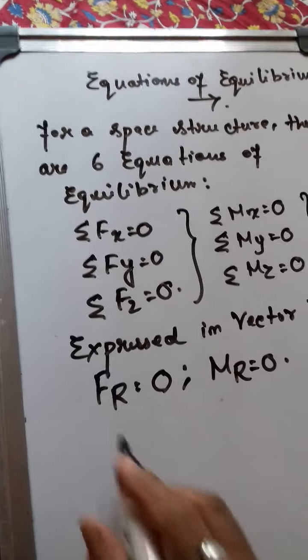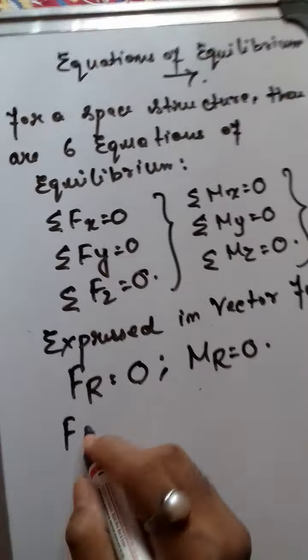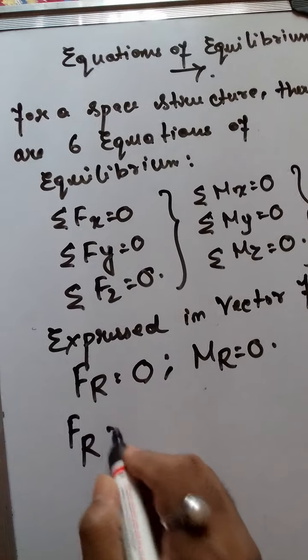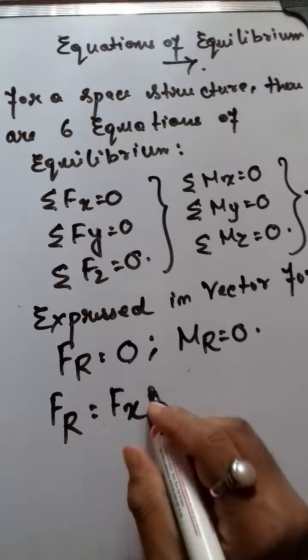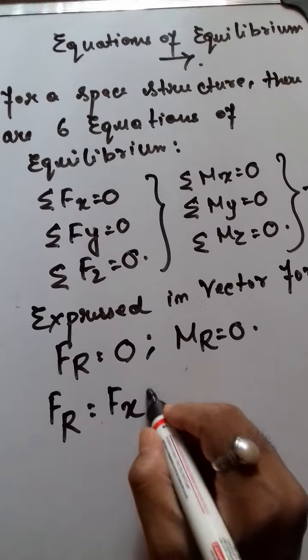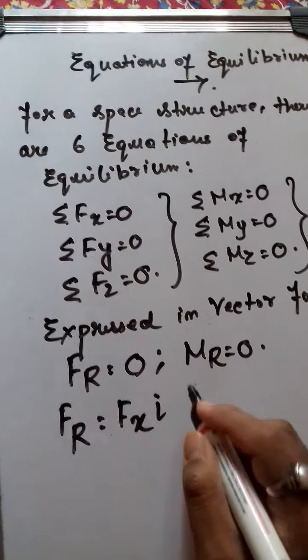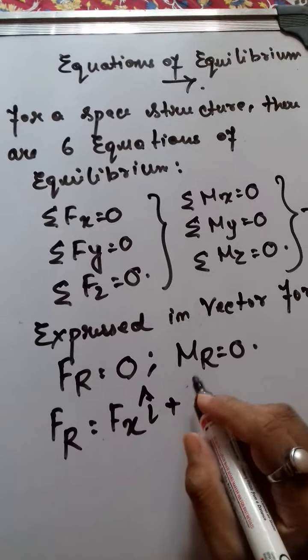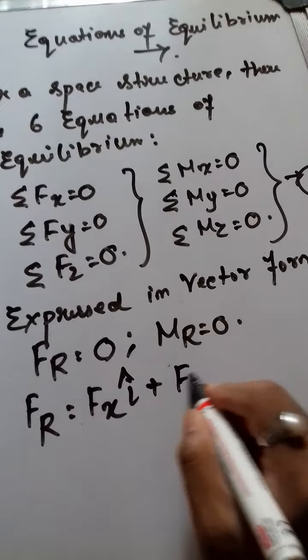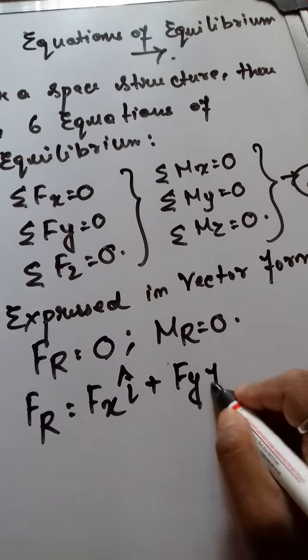You can also write it in terms of unit vectors, like F_R is equal to force in the x direction multiplied by i cap, plus force in the y direction multiplied by j cap, plus force in the z direction multiplied by k cap.